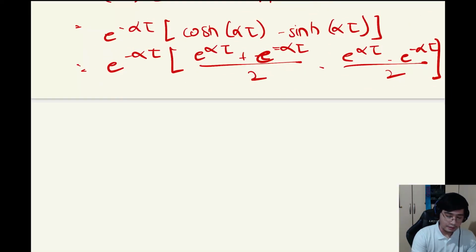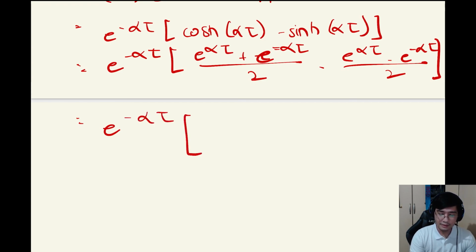Right? So simplifying, we have e to the negative alpha tau times, so this one will cancel, and then we will have e to the negative alpha tau, right?